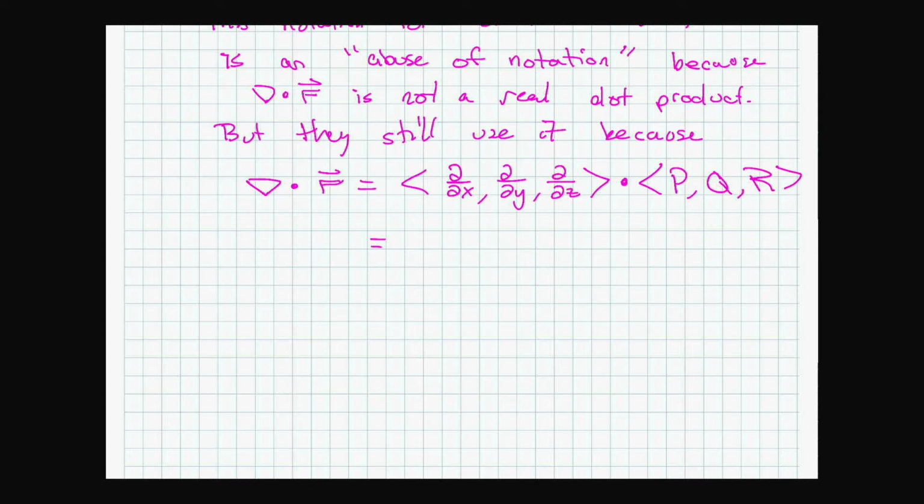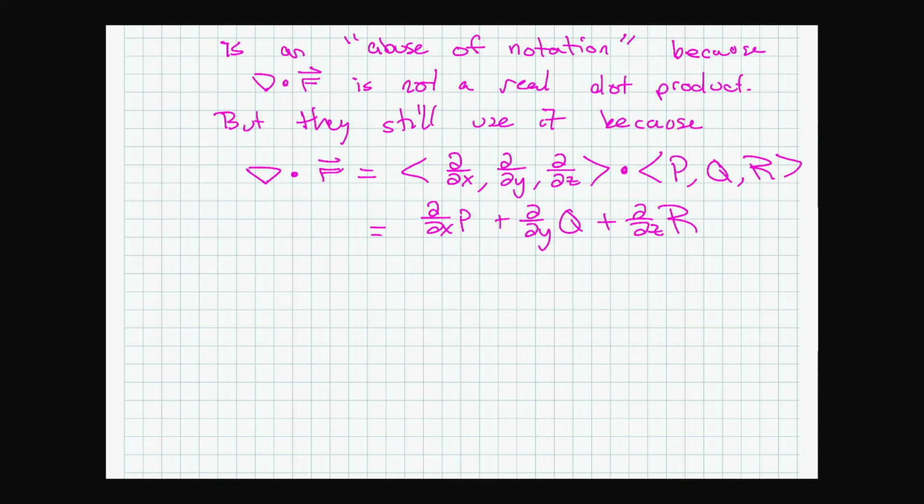And if you do that here, you'd have d dx P plus d dy Q plus d dz R. So it feels like this is the right notation, but it's not, because this is not a real vector, because these aren't numbers.